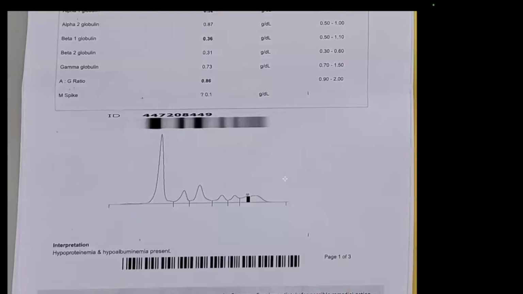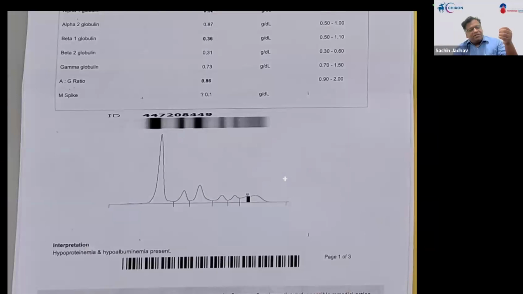Perfect. So you send a serum tube, that's a clotted red top tube, to the biochemistry lab. They will centrifuge it, remove the RBCs, WBCs, platelets, and what is left is serum. This serum, you put it on an agar gel and you put current on both the sides. Now that current will drag the proteins.